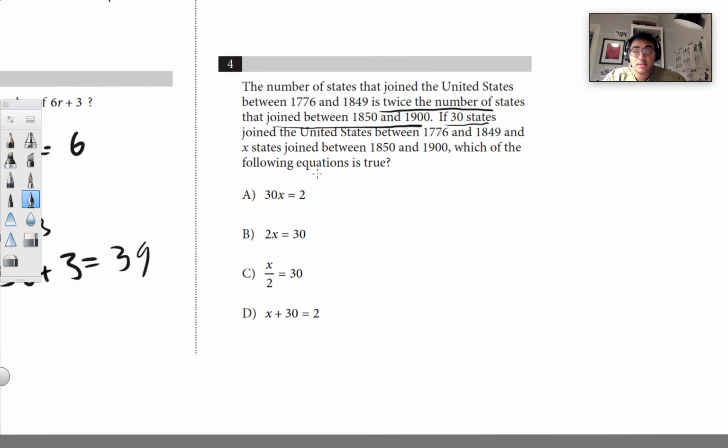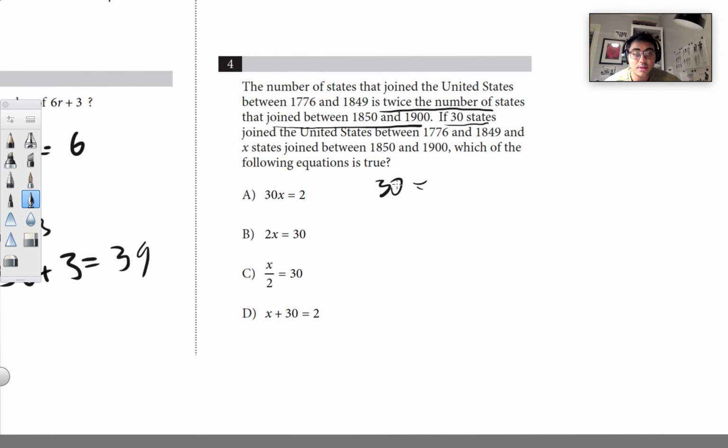So this is a case of understanding the way they use words to describe math in these math questions. So we know that between 1776 and 1849, there's 30 states. So that's the constant. And we have to express the number of states with X between 1850 and 1900.